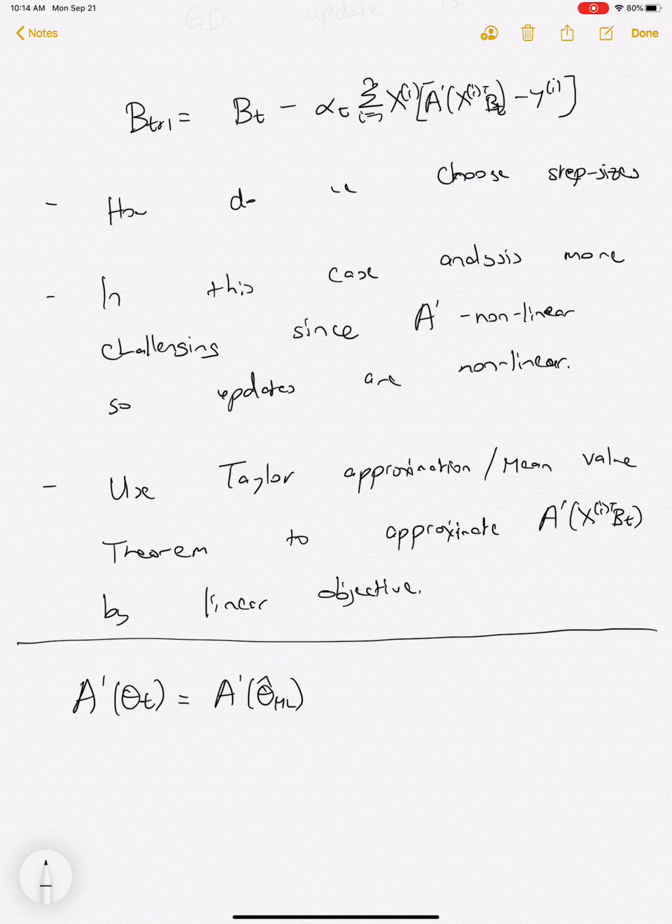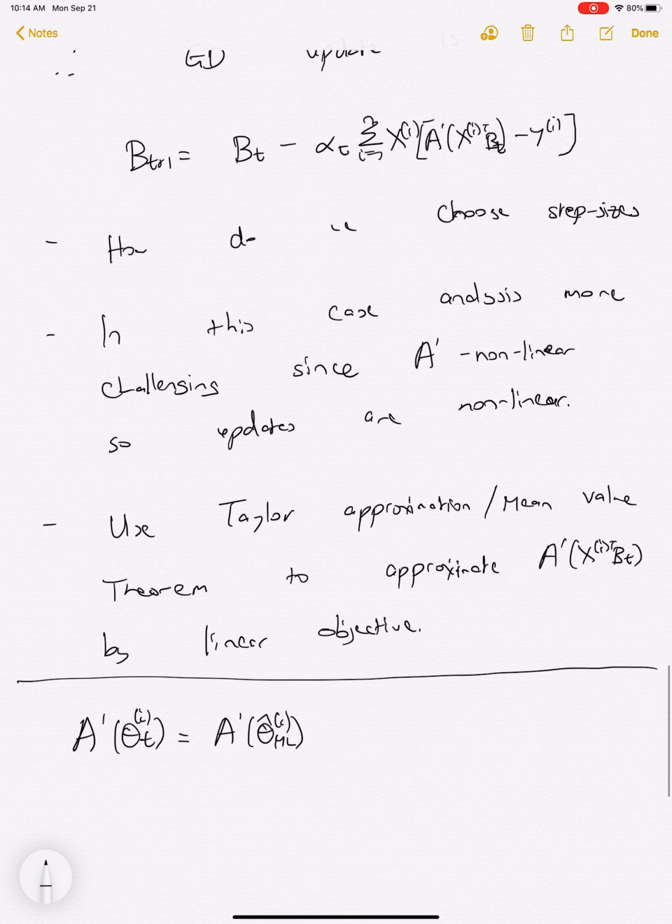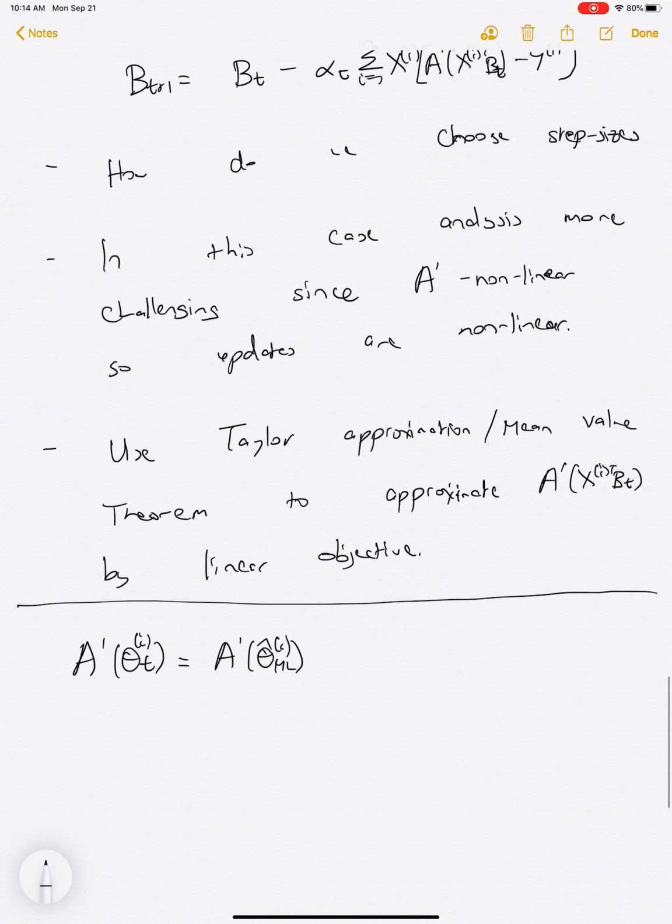We'll say theta hat, we'll make this for each i. So we're going to use this notation here because we have to do this one i at a time, for each sample. And then by the Taylor approximation, I'm going to explain this notation shortly.